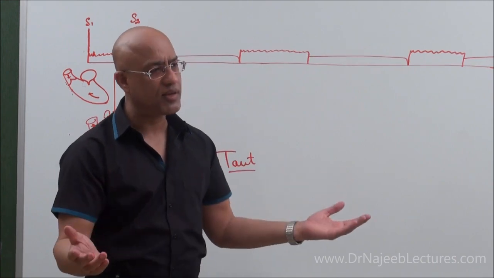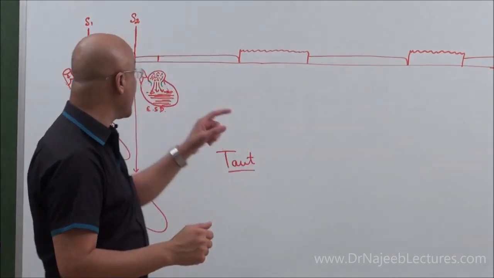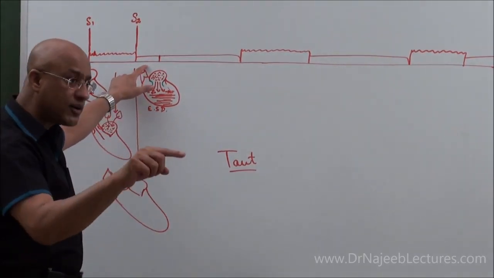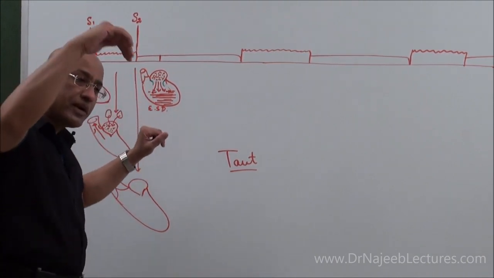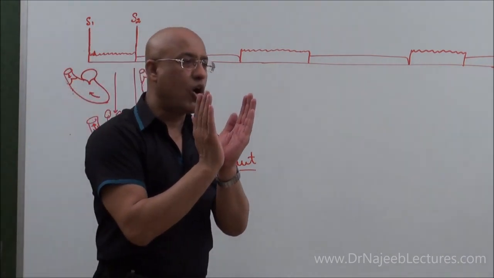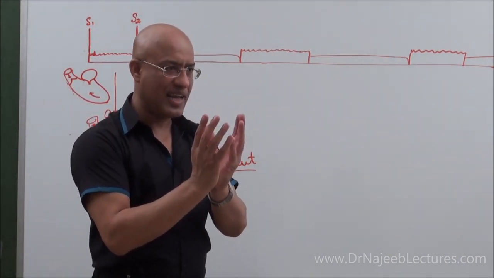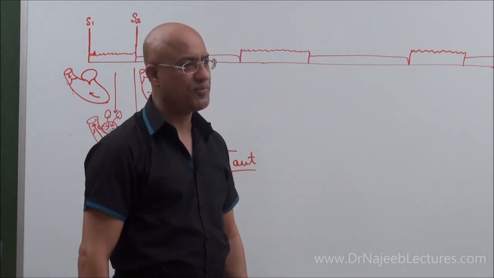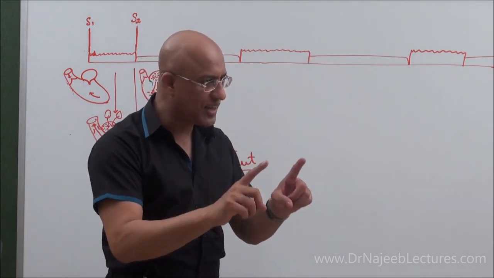Very simple answer. In the early part of ventricular diastole, when there is rapid ventricular inflow, taut ventricular walls vibrate, and these vibrations produce the third heart sound. Very good. Is it clear?